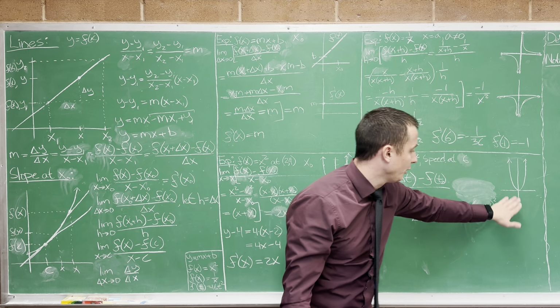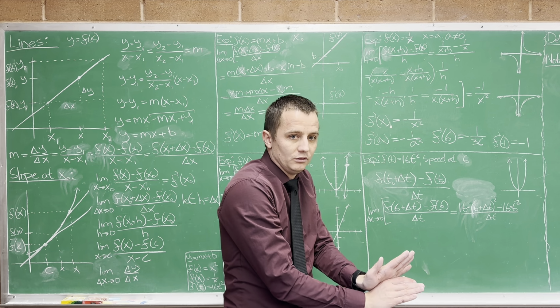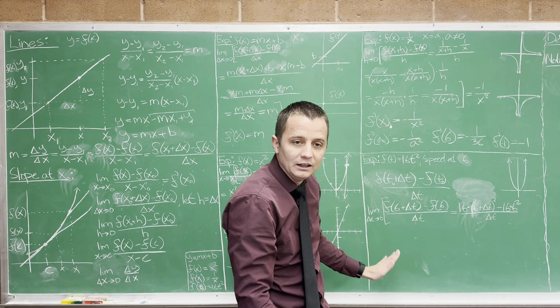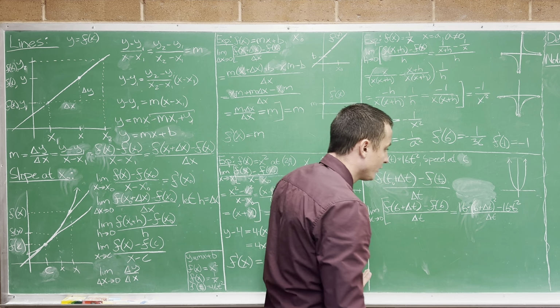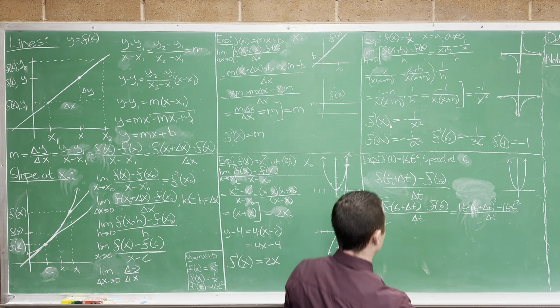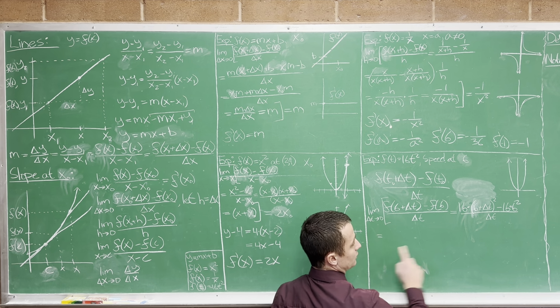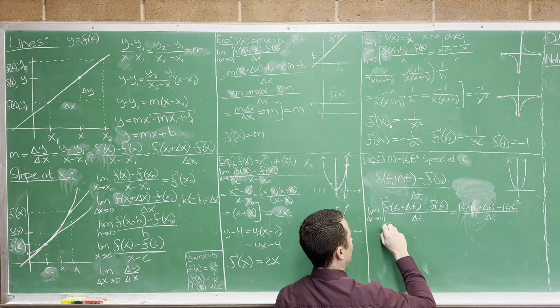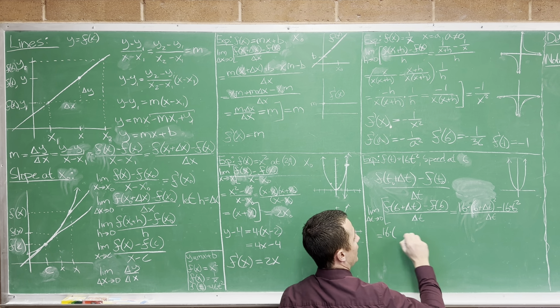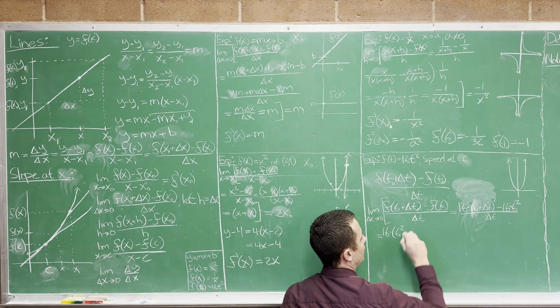The reason I'm not going to multiply out these numbers is because we're going to come back and replace that now with just any variable we want. Good so far? So now what's that equal to? We've got to multiply this out. 16 times, 6 times 6 is, we'll just call it 6 squared.